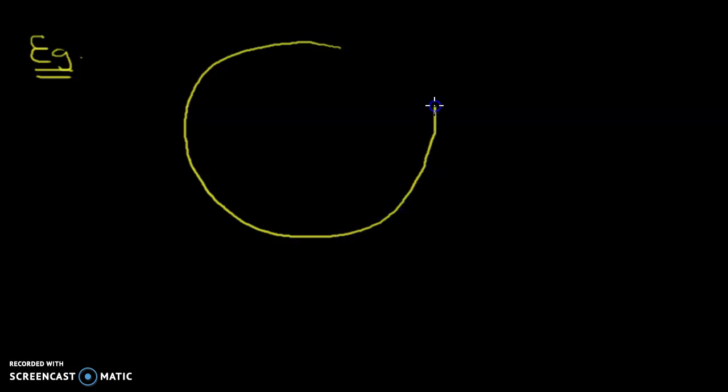So what is it? A body is moving in a circular fashion with a constant velocity of 5 meter per second.